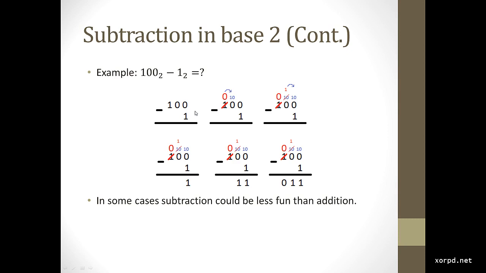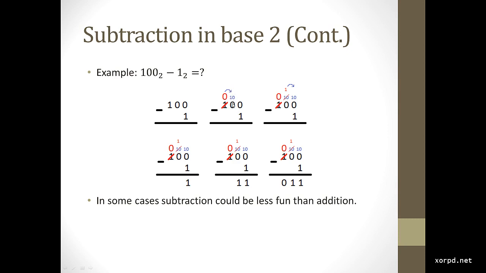The solution is to borrow from one of the higher digits. So we borrow from this digit, which is the first 1 digit inside this number. The borrowing changes this digit from 1 into 0, and then we get 10 units in the next position.